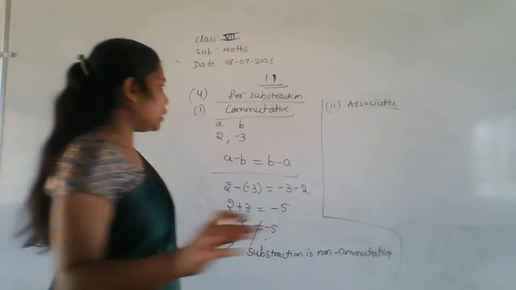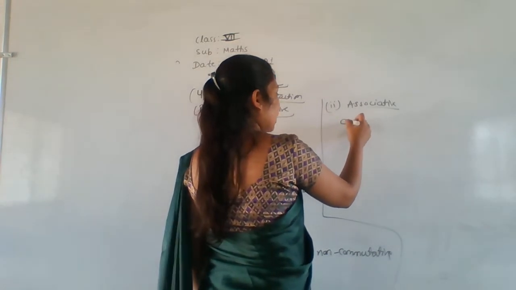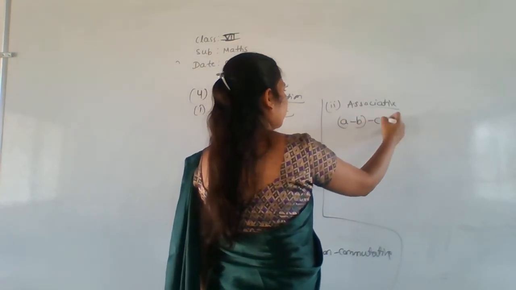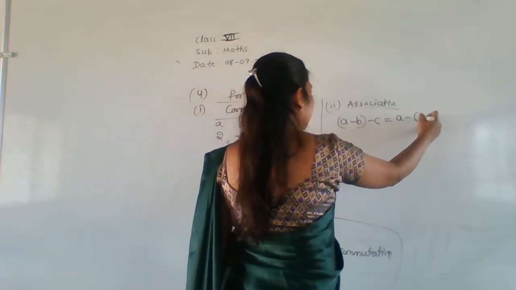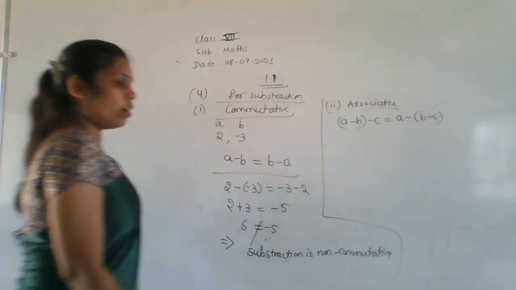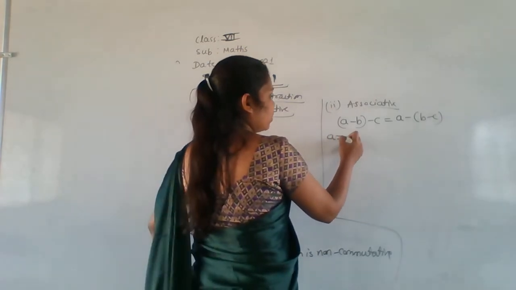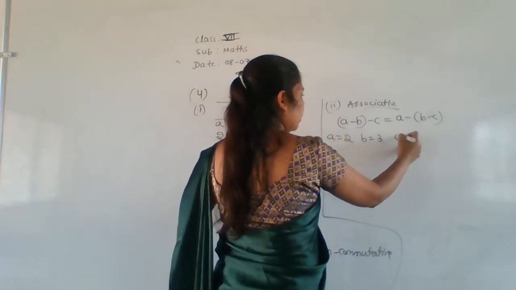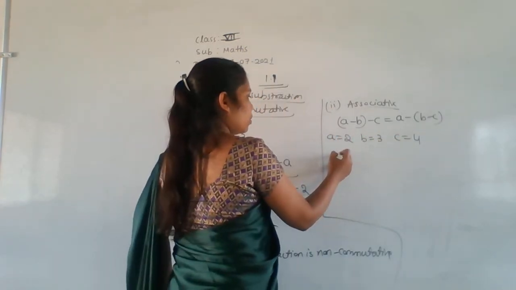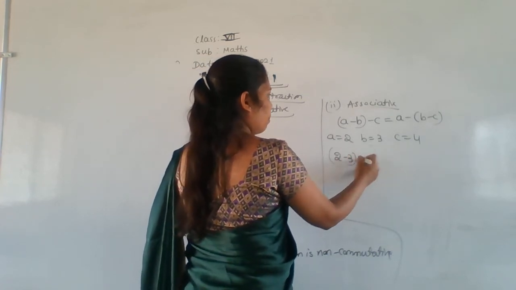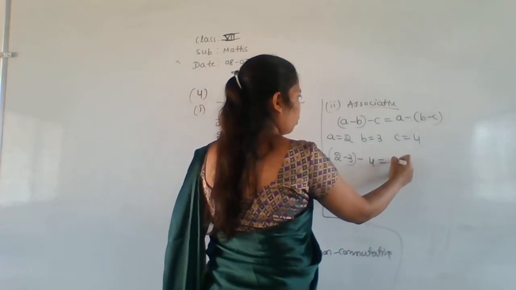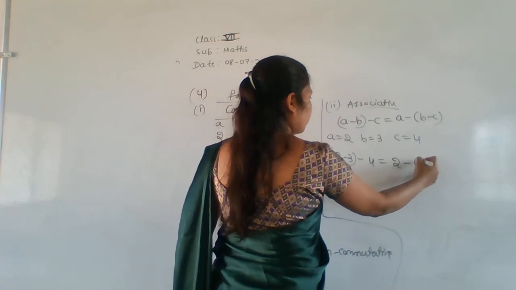So what does the associative law say? a minus (b minus c) is equal to (a minus b) minus c. That is the rule. Here a value is 2, b value is 3 and c value is 4. So 2 minus (3 minus 4) is 2 minus minus 1, which is 2 plus 1, that is 3.